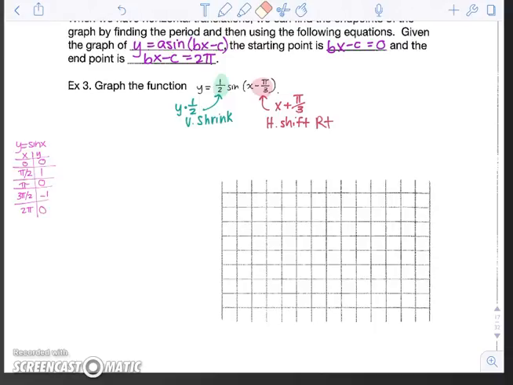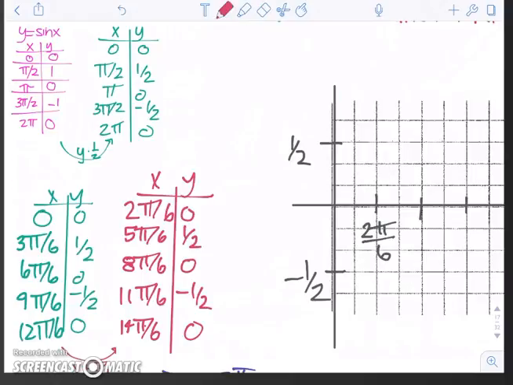So I start by writing out my sine parent function, and then I'm going to do one xy chart where I do y's times 1/2, and I'm going to do another xy chart where I do x's plus pi over 3. You can see my first xy chart, this one right here, I multiplied all my y values by 1/2. And then what happened when I add that pi over 3 is I need a common denominator. So what I did from this one to this one is I put everything in terms of pi over 6 because that's going to be my common denominator.